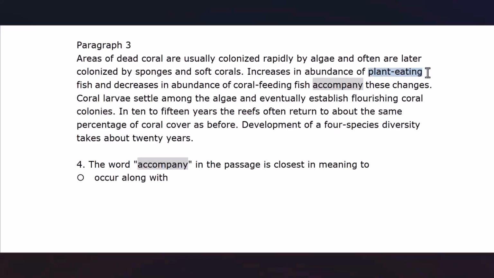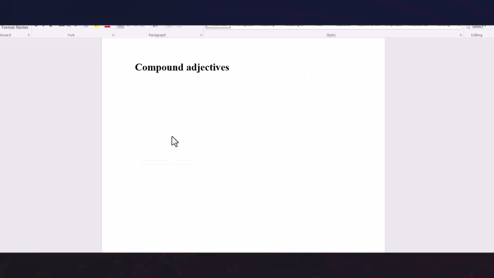An interesting aspect of this sentence is the presence of compound adjectives, plant-eating and coral-feeding. The parts of this kind of adjectives are connected with a hyphen here. And let me give you a rule of thumb how to make these adjectives.